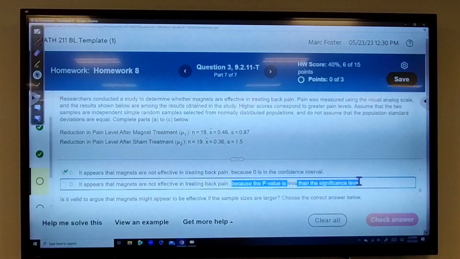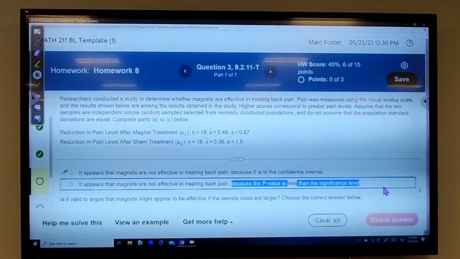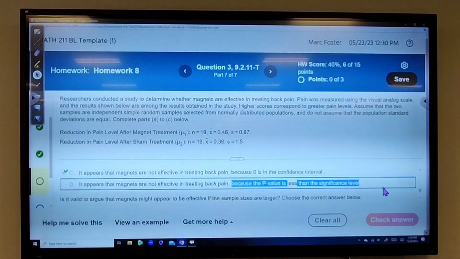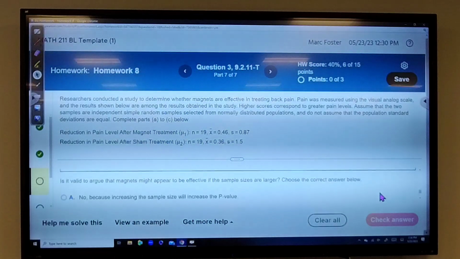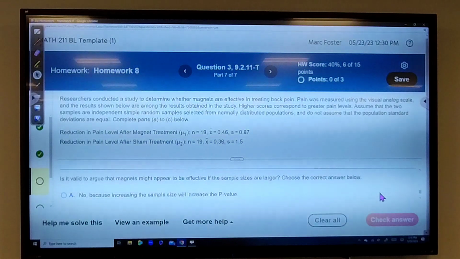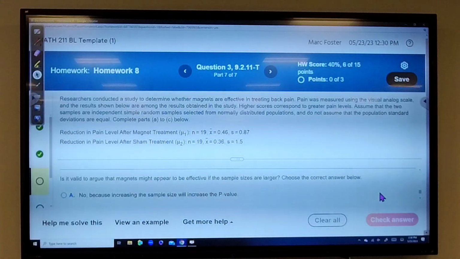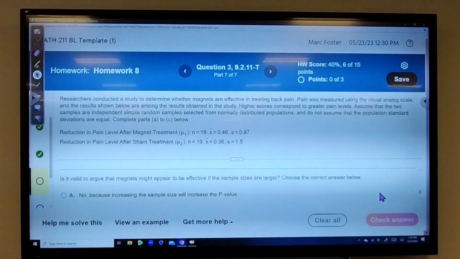It can't be D, because if the p-value is less than the significance level, you would have rejected. And then now they ask you the second question. Is it valid to argue that you could possibly show effectiveness if you had a larger sample size?